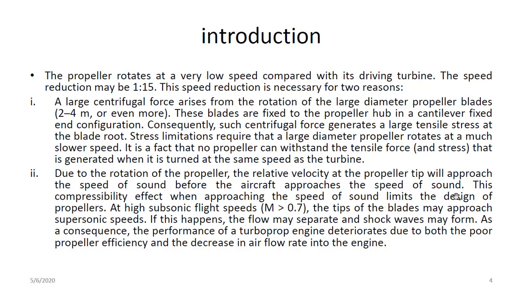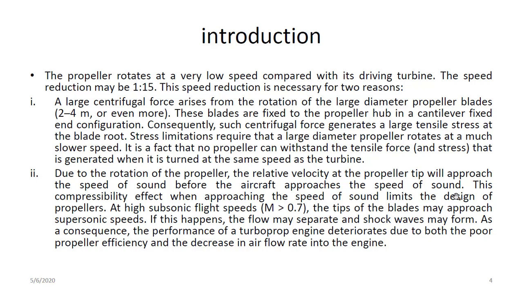The first is that large centripetal forces will arise as a result of rotation of the large diameter propeller blades. These centripetal forces will exert a tensile stress on the hub of the propeller, and if this is not rectified, it could lead to failure.